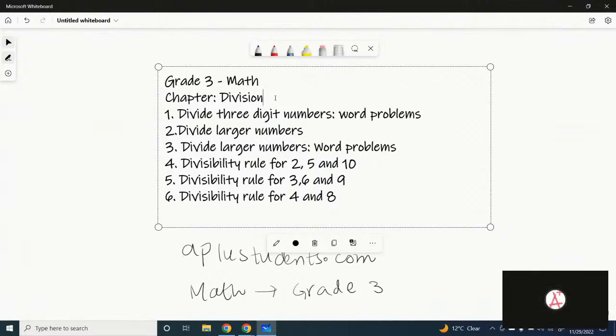Got it? So these are the topics we are going to cover today. Let's start with the first lesson, that is divide three digit numbers, word problems. Got it? Please make sure you have your notebook and pencil so that you can note down important points and examples as well. Got it?